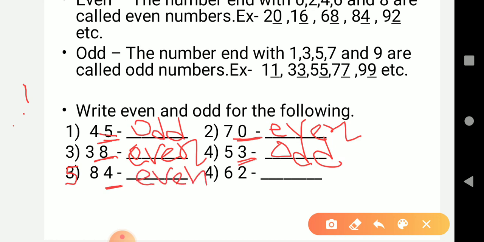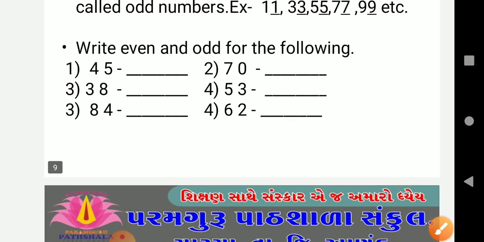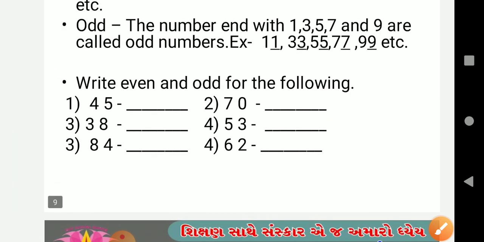And the sixth number, the last number, is 62. It has 2 in the ones place, so it is also an even number. Understood? Very good. Okay, thank you.